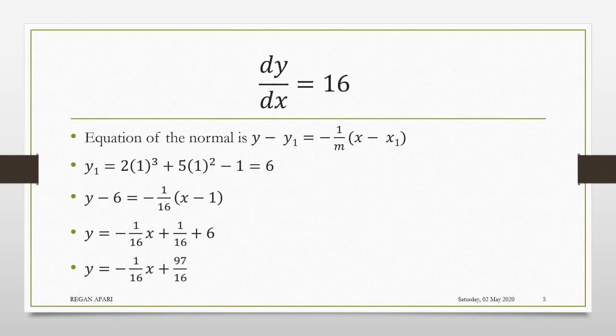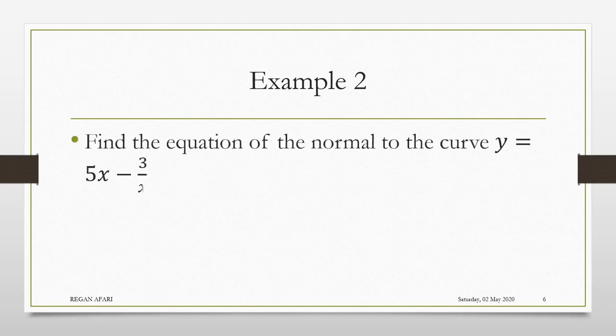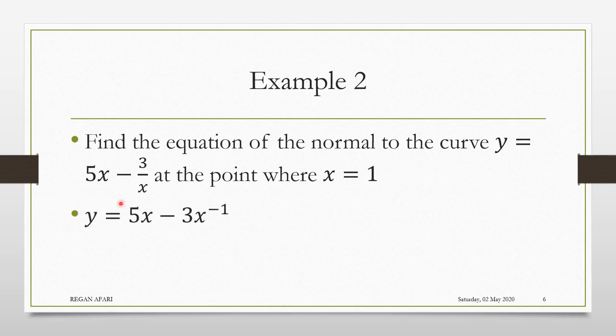Let's take another example. We want to find the equation of the normal to the curve at the point x equals 1. We would differentiate this. This is the curve.